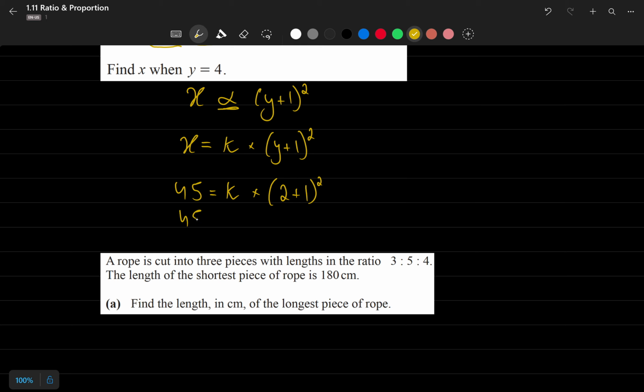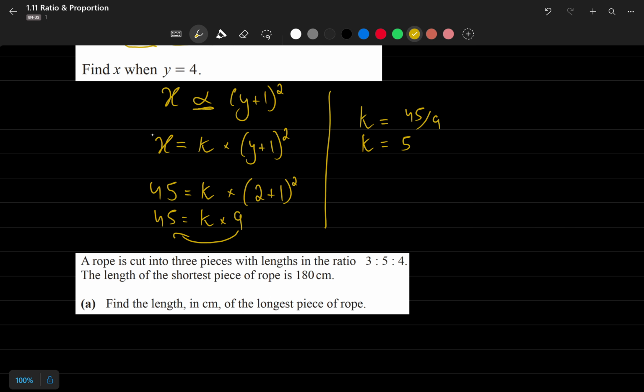So 45 is equal to k times 9. Now 9 will be divided when we move it to this side. So k is equal to 45 divided by 9, which gives us k as 5.